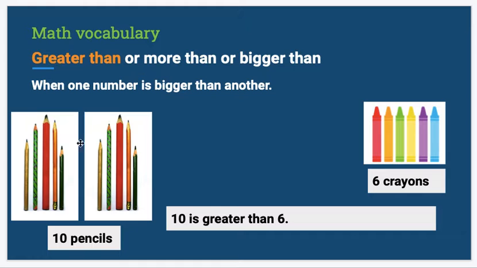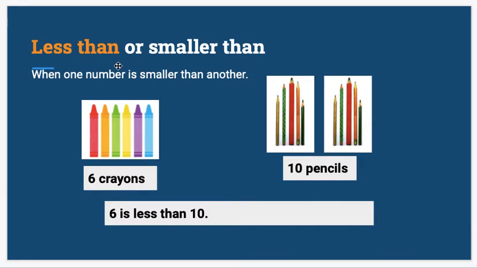Right here I have 10 pencils and I'm comparing it with 6 crayons. So I can say that 10 is greater than 6. That's our vocabulary word, greater than. Next one is less than. Less than also means smaller than, when one number is less than another. The same example, 6 crayons and 10 pencils. 6 is less than 10.